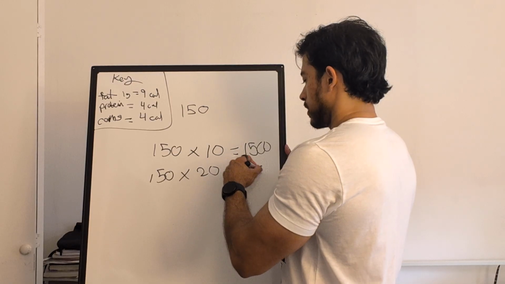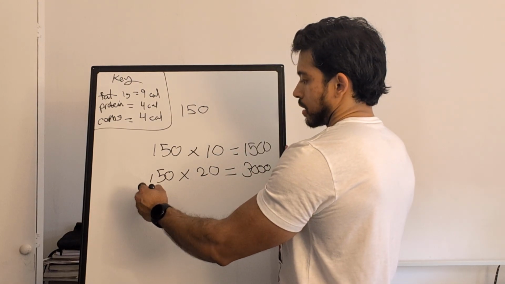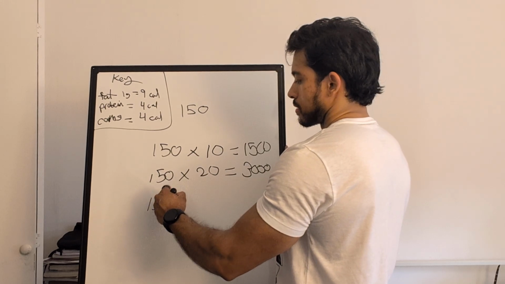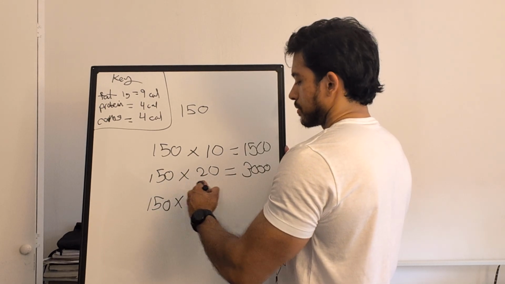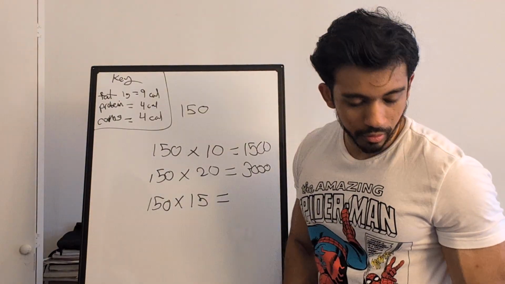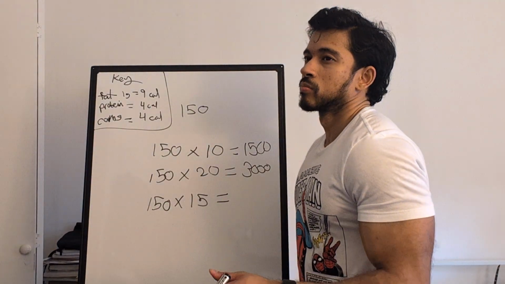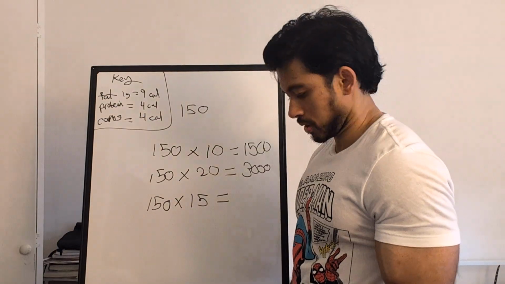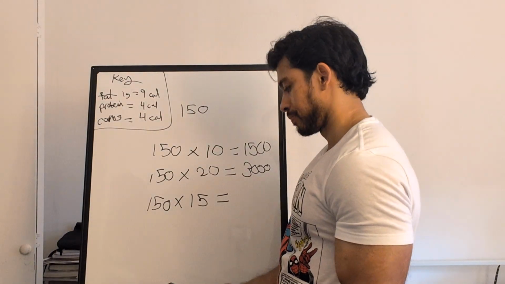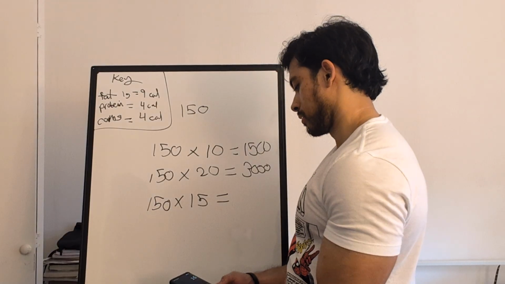So that's like 3,000 calories. And then I'd say maintenance is like times 15. If you're sedentary, I'd say like times 12, times 13. But if you're active, I'd say times 15 is fine.